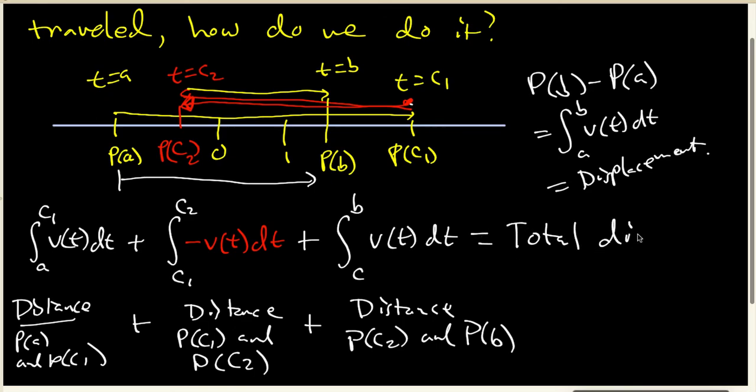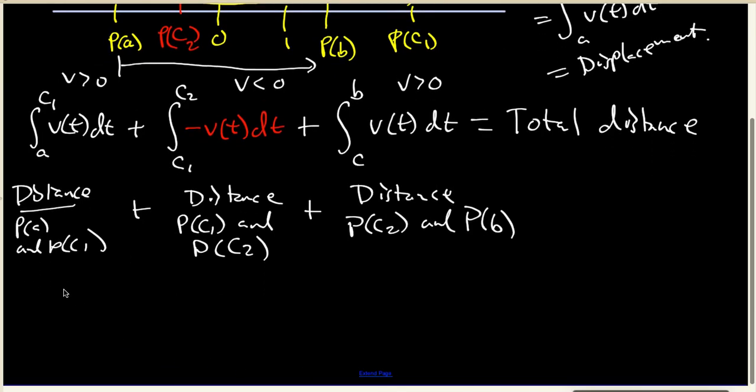total distance. Now, it's also worth noting that on this chunk, V was positive, V was negative, and V was positive. And so when I stuck that minus sign in, what I really did is I said, I want to integrate the absolute value of the velocity. So in other words, what I want to make a note of is that the speed function is the absolute value of the velocity function.